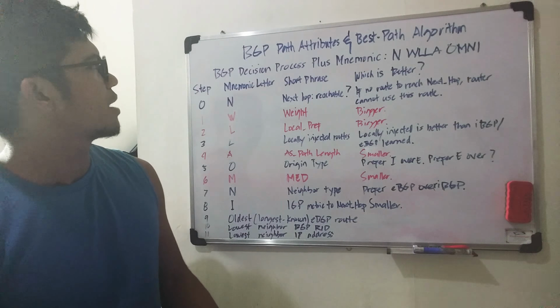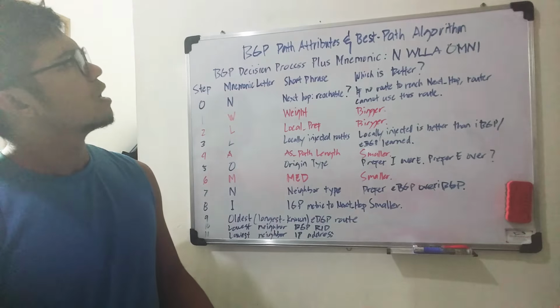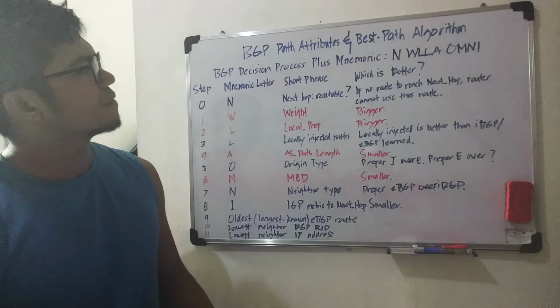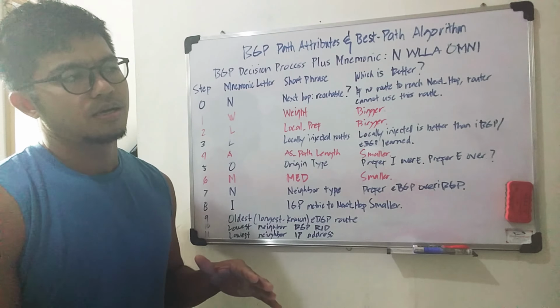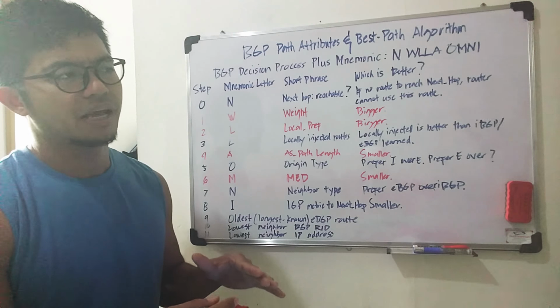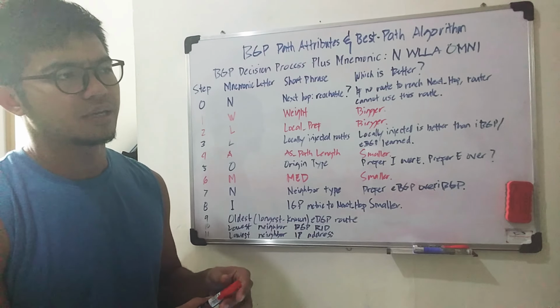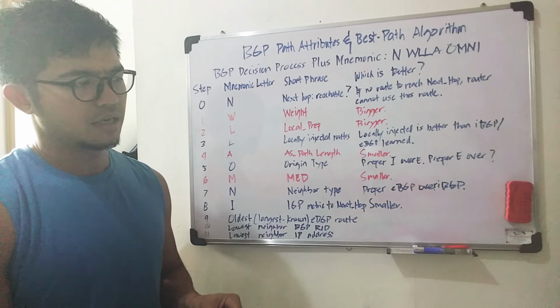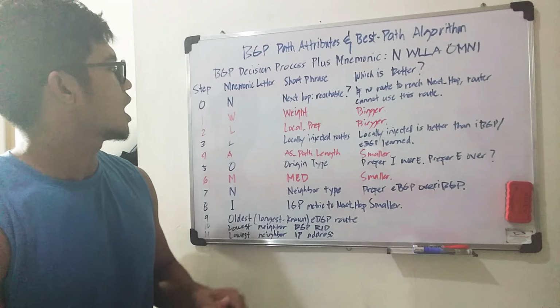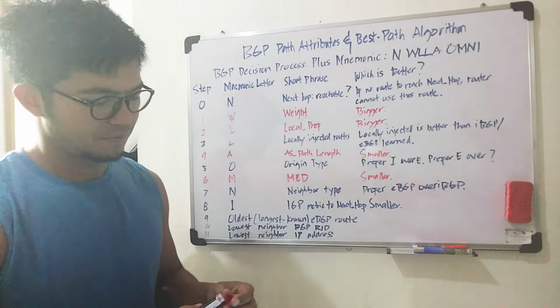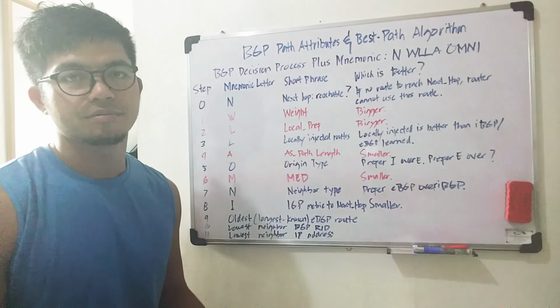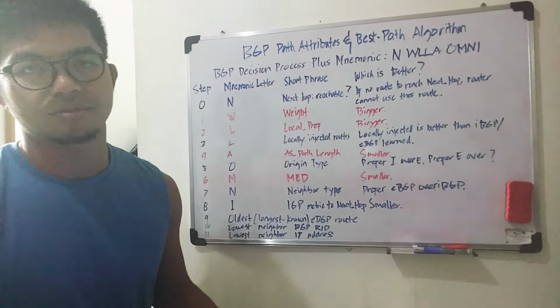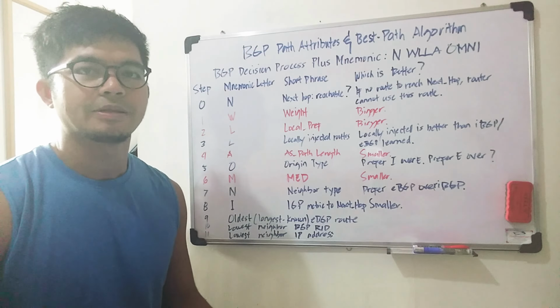Okay, so the first step that BGP looks at, if it's gonna select a path and install it into the routing table, is to check if the next hop of the route or prefix is reachable.